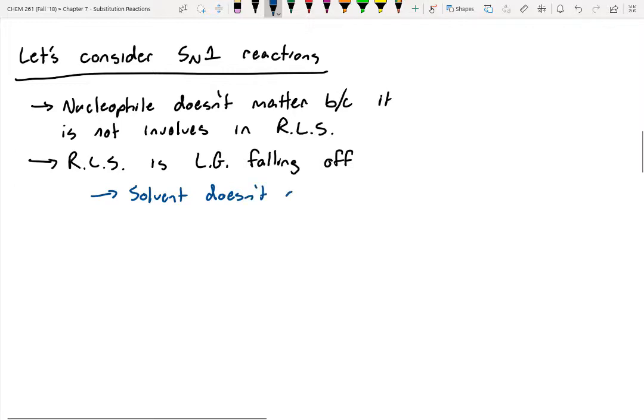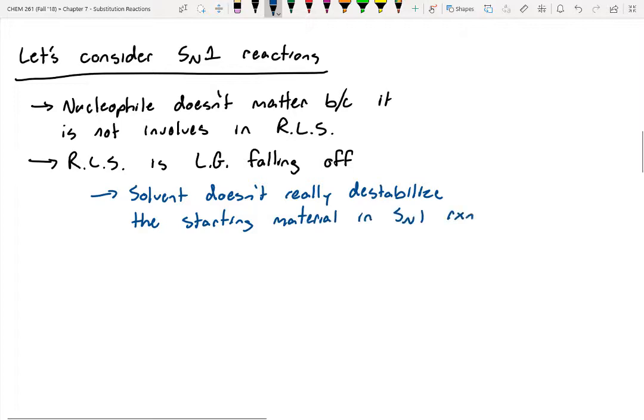So solvent doesn't really destabilize the starting material in SN1 reactions. However, it does lower the transition state energy.